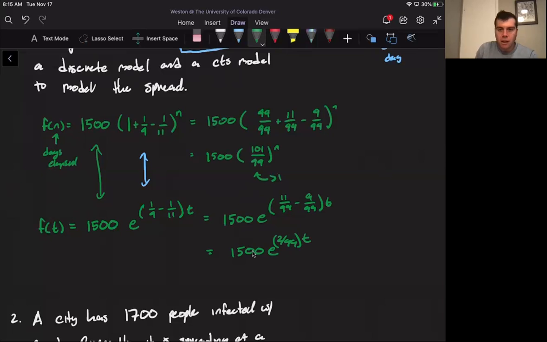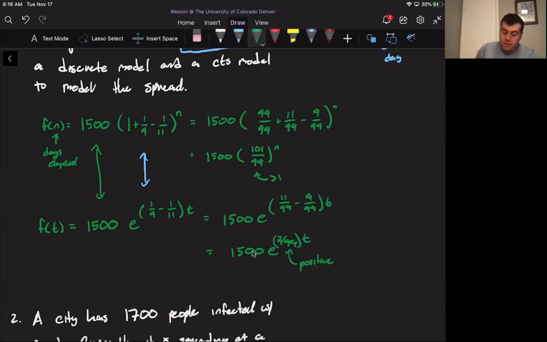So again, in this model, because this is positive, we're going to start to grow. Yeah, and that's all there is to it for these discrete and continuous models. It's really just plugging in the numbers properly.